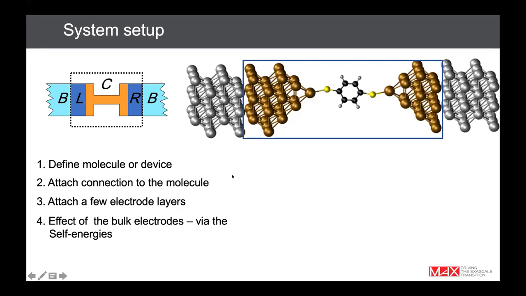And these electrodes are not considered in your calculation. So your contact is going to be this region here, and you are going to invert a matrix of this size. But you will take into account fully the physical effect of the left and right electrodes by the self-energies that you have to compute from the bulk calculation a priori.